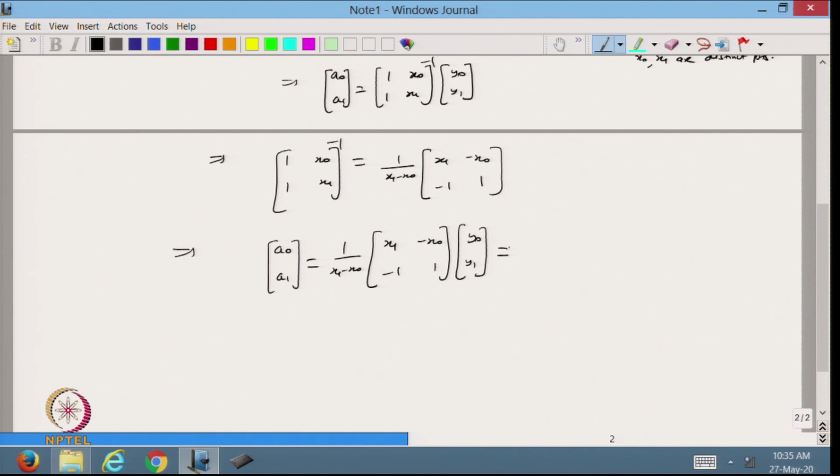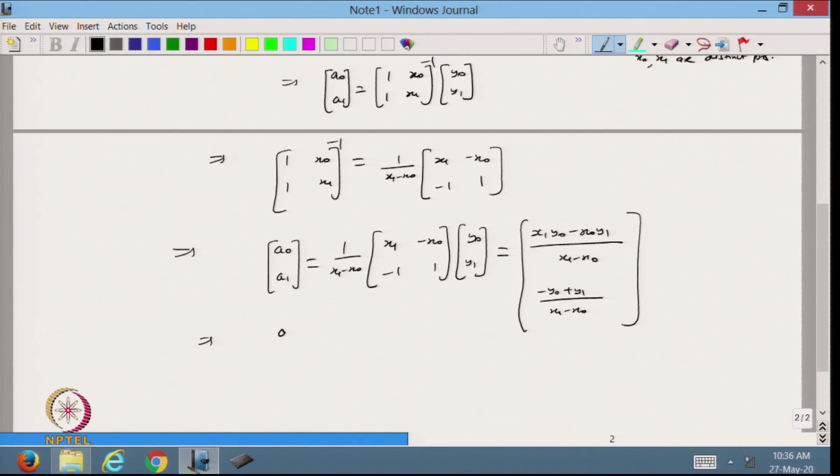From here, the first row gives x1 y0 minus x0 y1 divided by x1 minus x0, and the second gives minus y0 plus y1 divided by x1 minus x0.